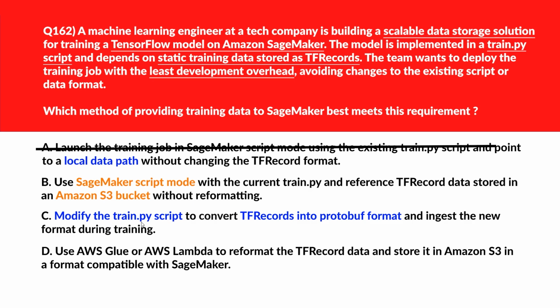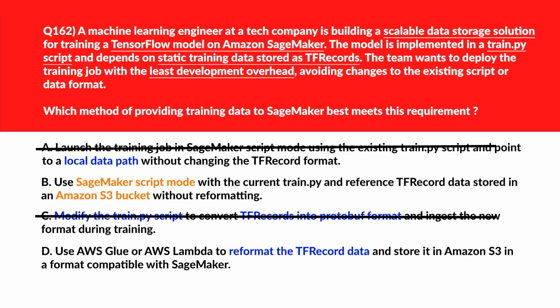C says modify the train.py script to convert TF records into protobuf format and ingest the new format during training. Rewriting the script to convert formats adds unnecessary development effort. Wrong answer.